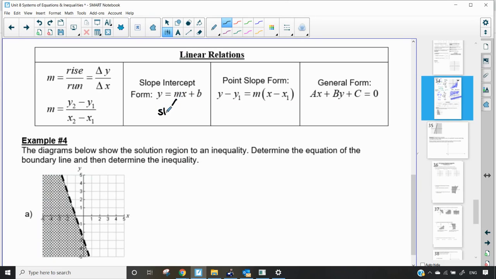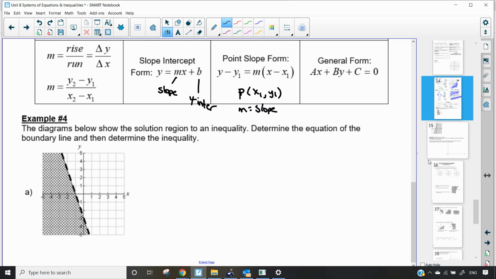Remember that m stands for slope and b stands for our y-intercept. We also looked at the point-slope form, so we have y minus y1 equals m times x minus x1, and our point would be at (x1, y1), and m would still be our slope. Now the last equation is general form, but that's one you don't see too often with these particular examples.